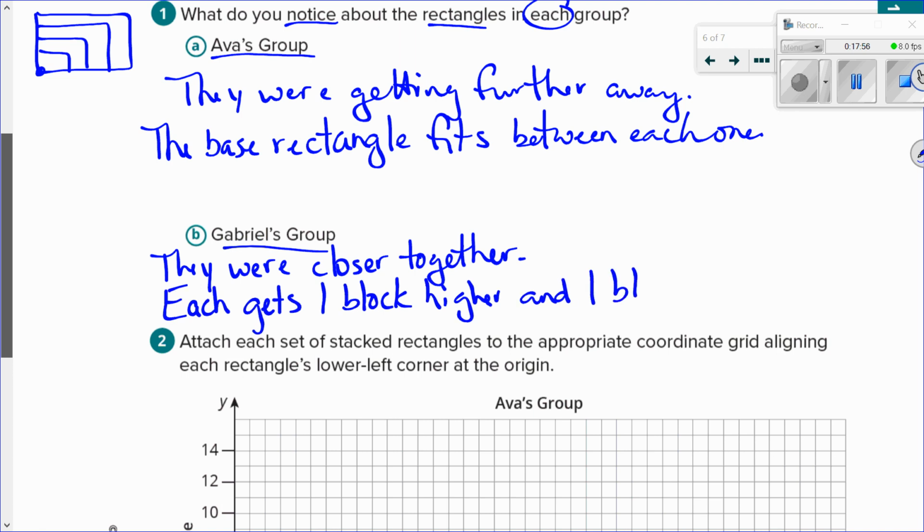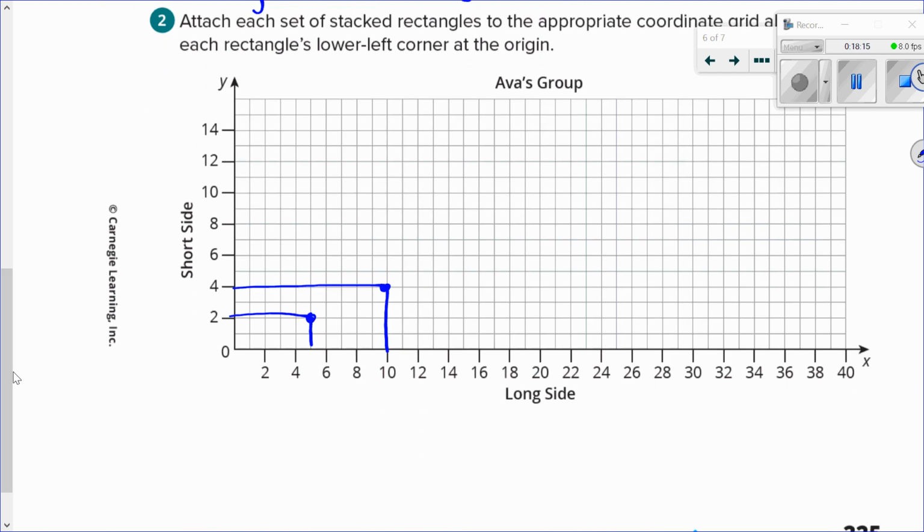So this one is going up by 1 block by 1 block. 1 block higher and 1 block wider. And then that's kind of where that base rectangle, that 2 by 5, fits between each one. Okay? Good. That's actually some really good observations. Now, as you plotted these out, what you should have seen is 2, 5, 4, 10, 6, 15, 8, 20, and 10, 25.